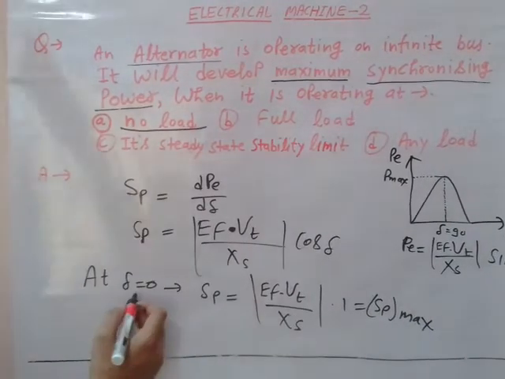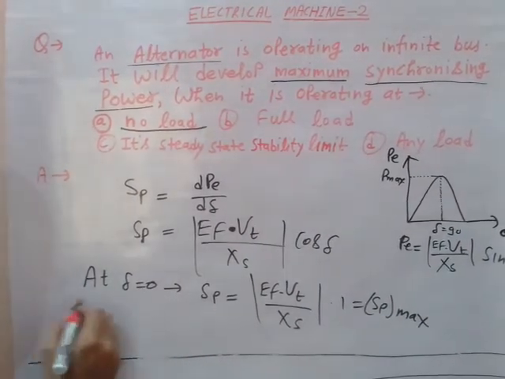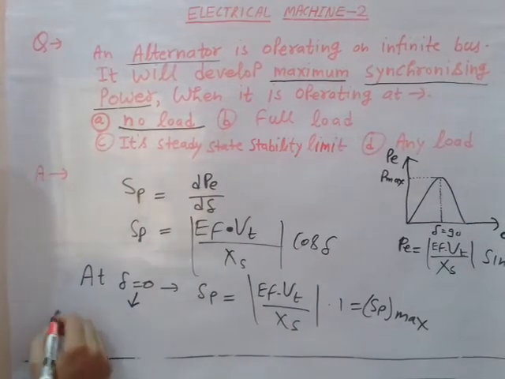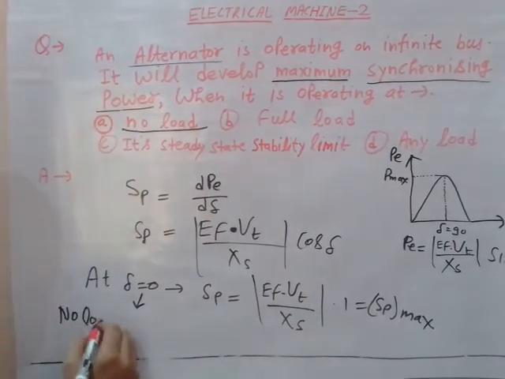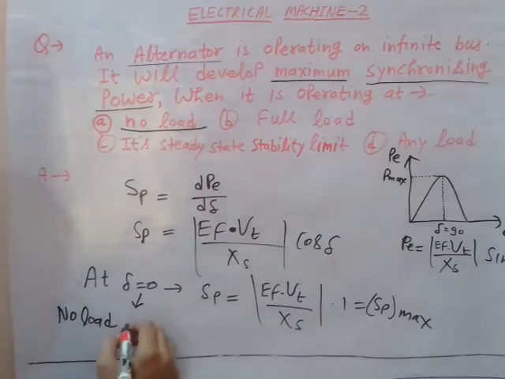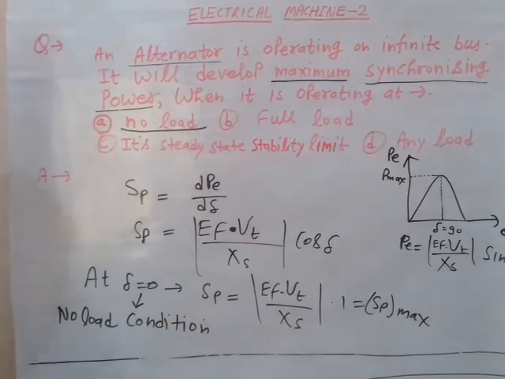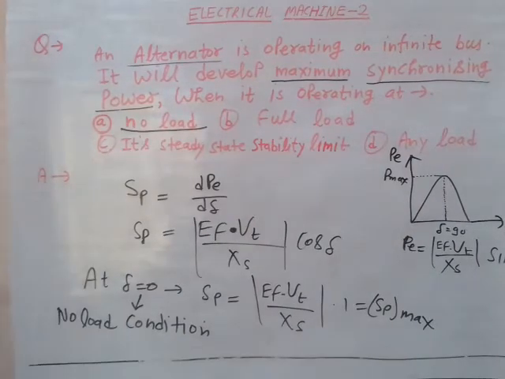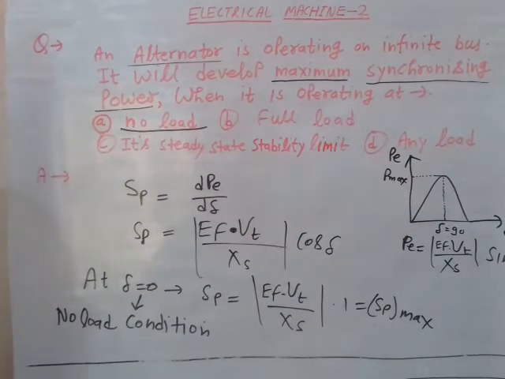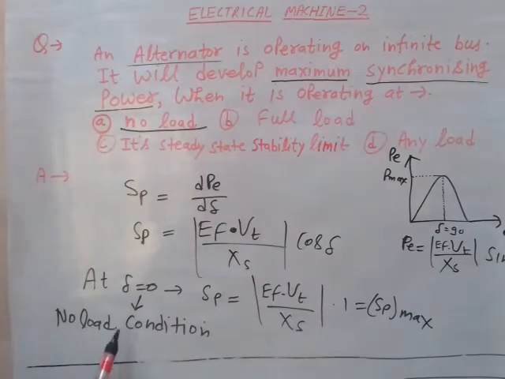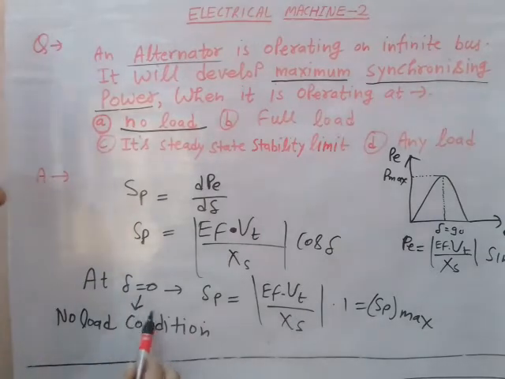So what is the meaning of load angle delta equal to 0? It means this is a no load condition. That means if you want to synchronize the alternator, the best condition is to synchronize it at no load, delta equal to 0. At this condition you will get the maximum synchronizing power.